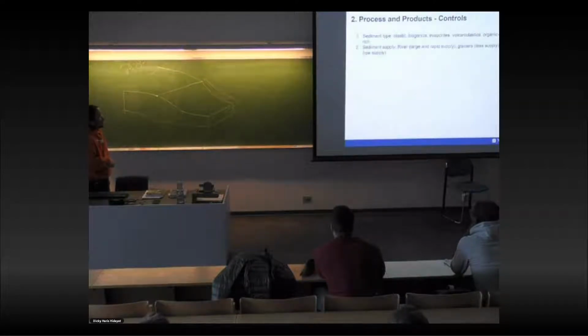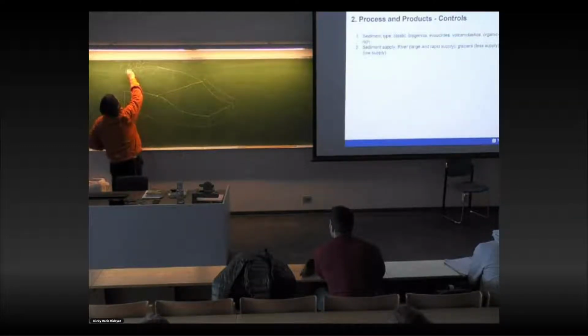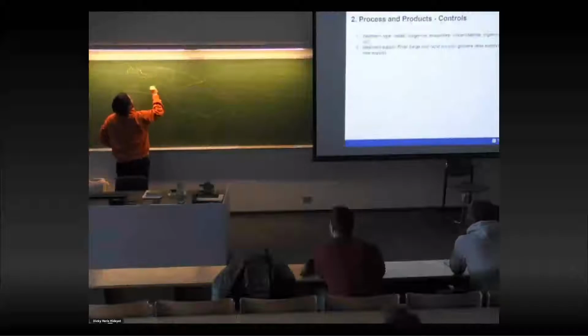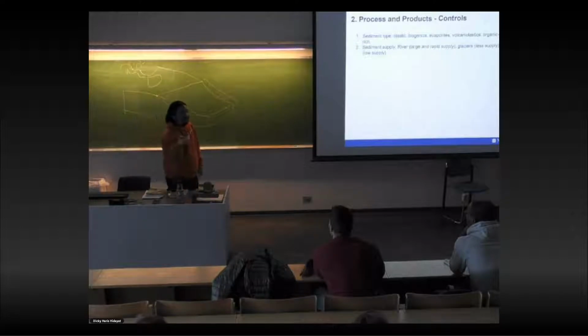The second one is sediment supply. If you have a meandering river, and then you have a delta there, river, yeah, and glaciers. We have it in Svalbard, for instance, for the glacier system.